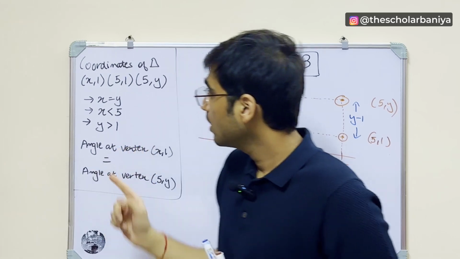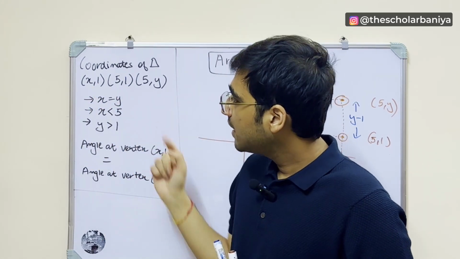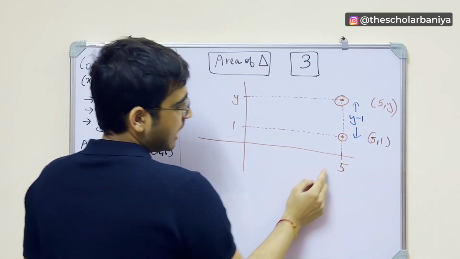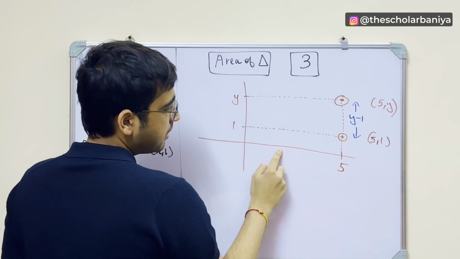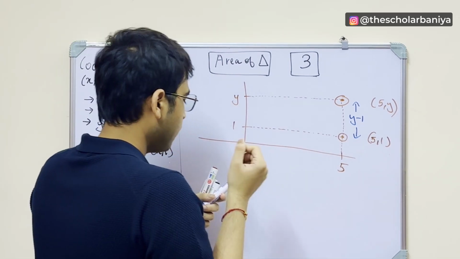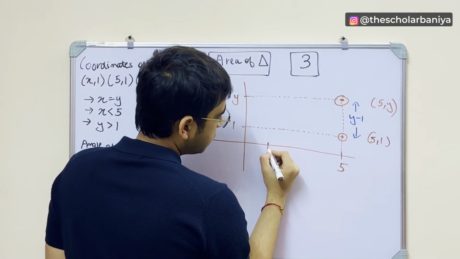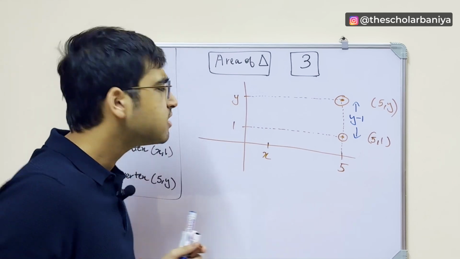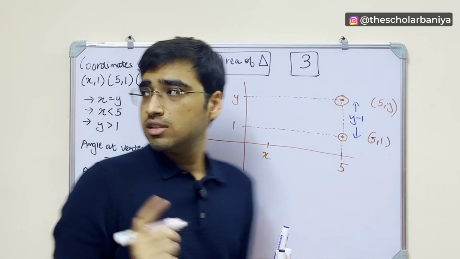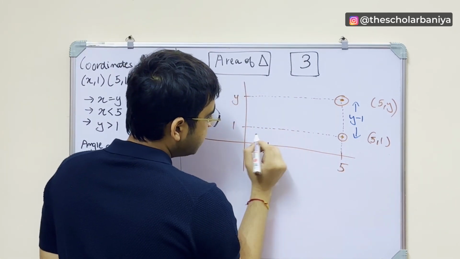Okay, now we have one more point, (x, 1), right? And we are given x is less than 5. That means x can be somewhere over here, anywhere, because x is less than 5. Again, for simplicity, let's assume that x is somewhere over here. I don't know where x is, but let's assume it is somewhere over here. So the other point is (x, 1), so this becomes our point.